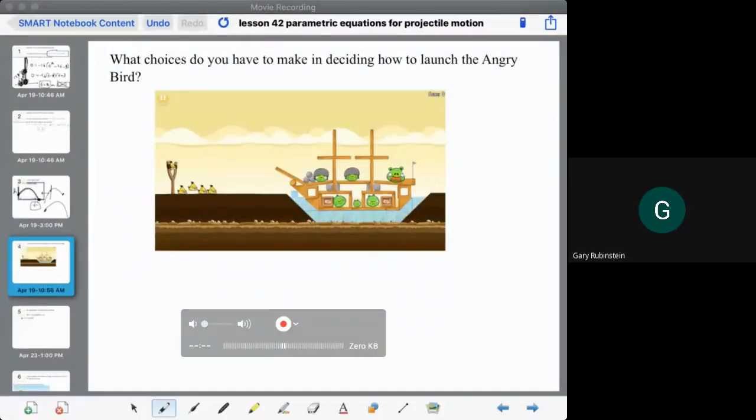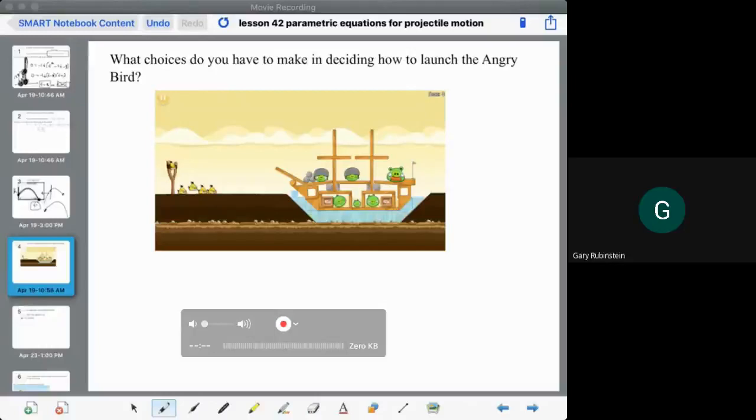You could type into the chat, and I see there's a couple of chats coming up. So in Angry Birds, now I'm not an expert at the game, so I know there are more decisions than this, like which bird you use might have various powers.